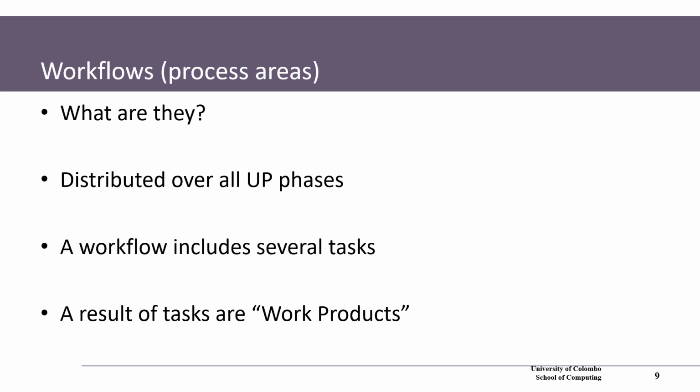The results of the tasks are work products. So when someone does a particular piece of work, it will result in a particular output, which we call work products. Even if they collect the requirements, there must be a way to document them, and the requirement specification could be a work product.